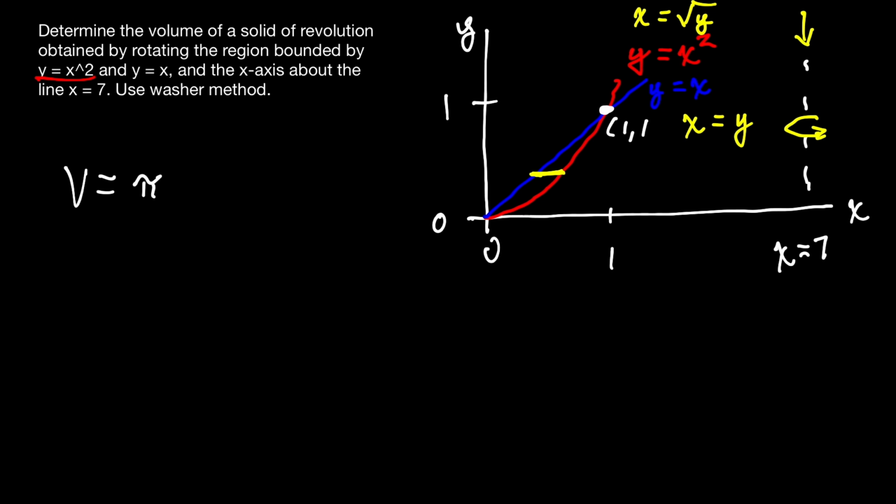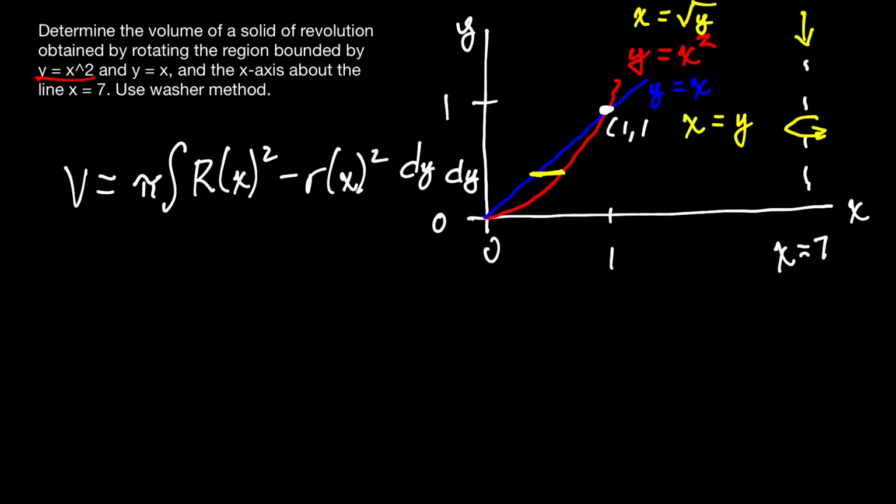It's not 2 pi r, it's pi r squared. And we're going to have a big R squared minus a little r squared, depending on your textbook, times how thick is each one of these things. And they're going this way, the thickness, so they are going to be in terms of dy.